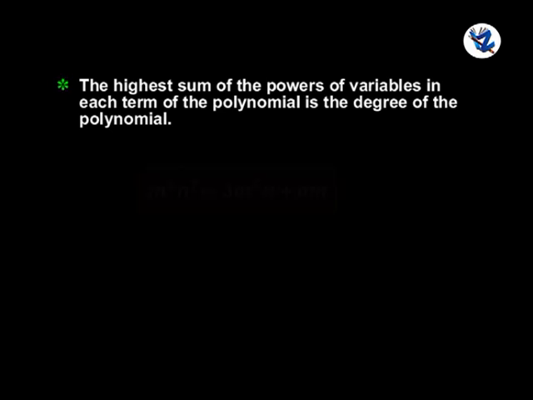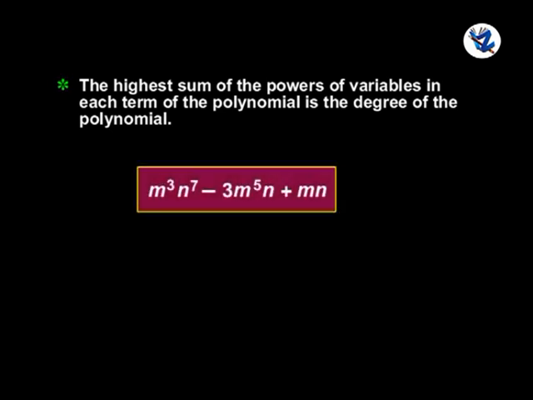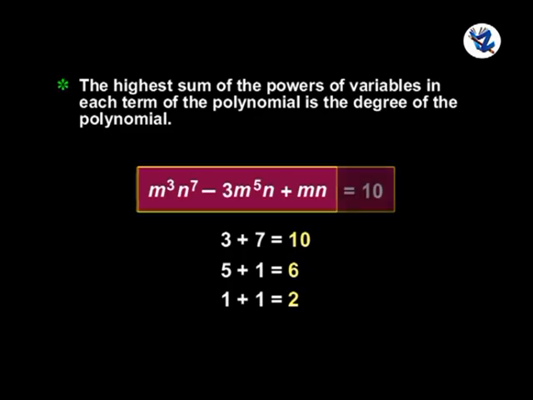Here, in the first term, the sum of the powers is 3 plus 7, that is 10. In the second term, the sum of the powers is 5 plus 1, that is 6. And in the third term, the sum of the powers is 1 plus 1, that is 2. So, the highest sum of the powers is 10, and therefore the degree is 10.